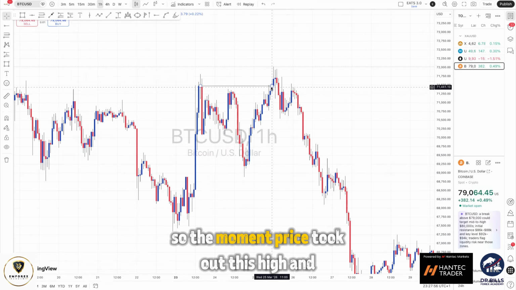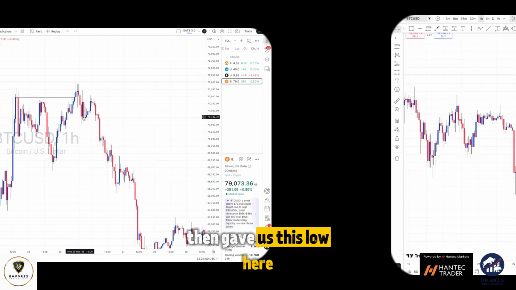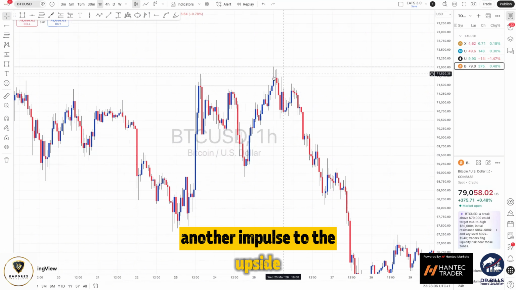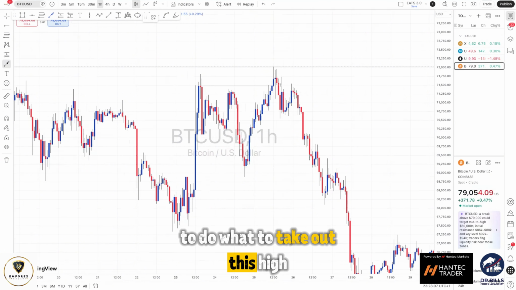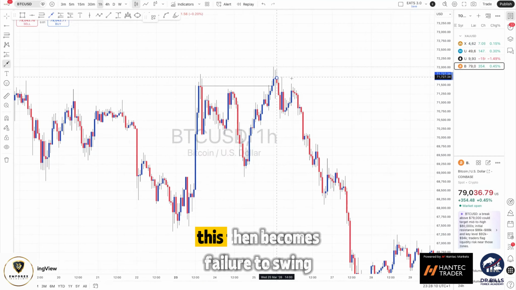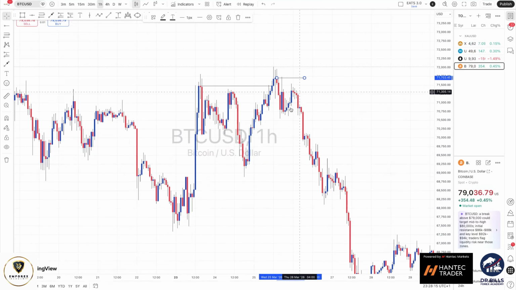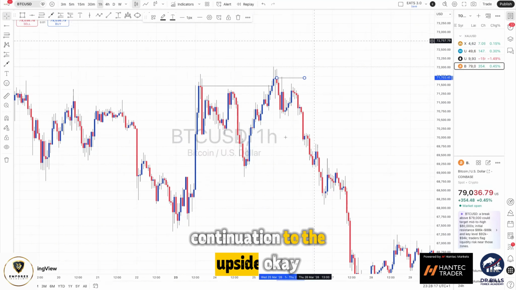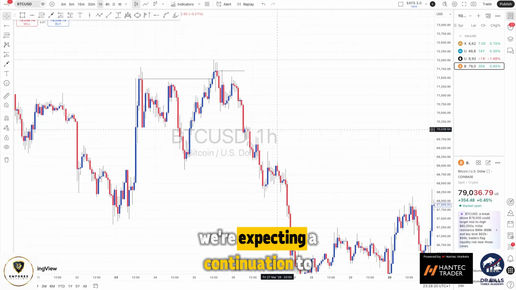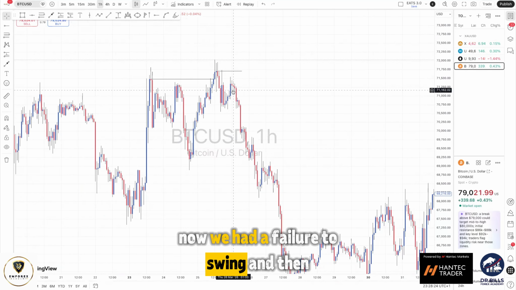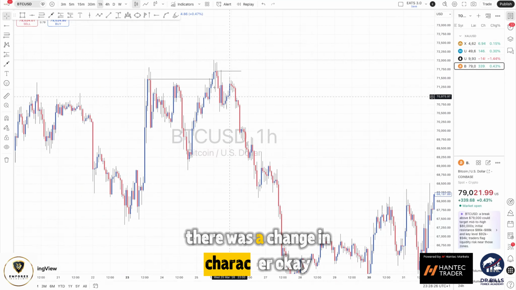The moment price took out this high and then gave us this low here, normally we're supposed to have another impulse to the upside to take out this high. This then becomes a failure to swing because we're expecting a continuation to the upside. Now we had a failure to swing, and then price gave us a change in character.